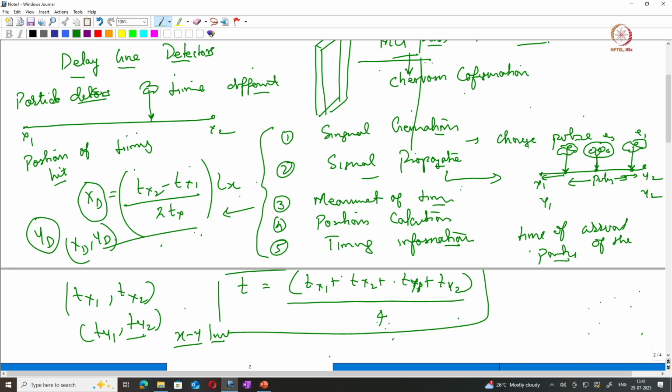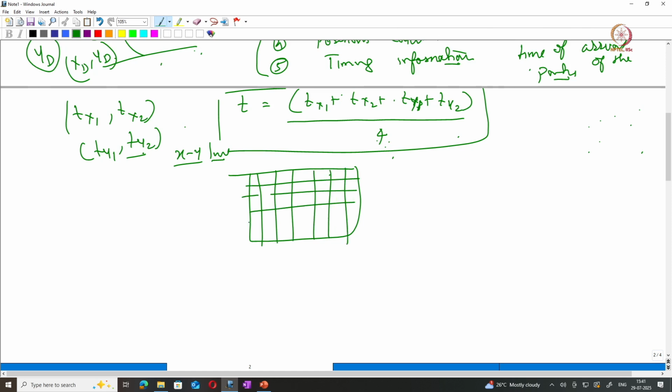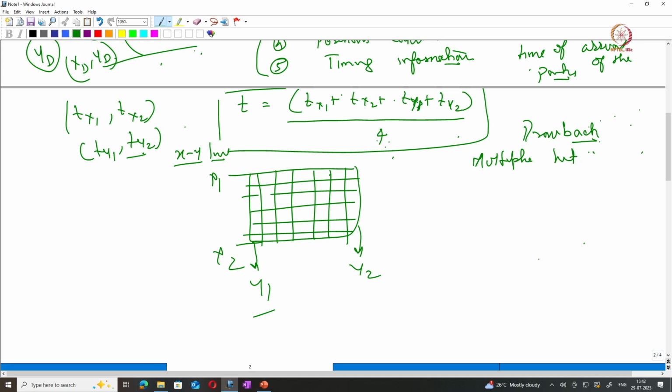Schematically, we will have a mesh, and you will have x1, x2, and similarly y1, y2. One of the drawbacks of these DLD detectors is multiple hit capacity.